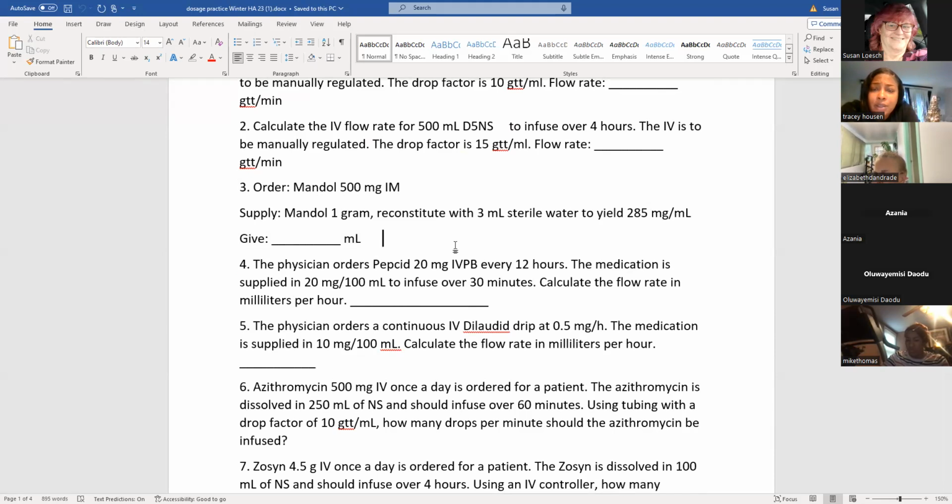That's your desired dose. So you have to convert whatever your yield is when you reconstitute, okay? Your supply on hand is either going to be what your yield is, what your final concentration is, or what your final solution is. That's what you have on hand. So that should have been 500 divided by 285.